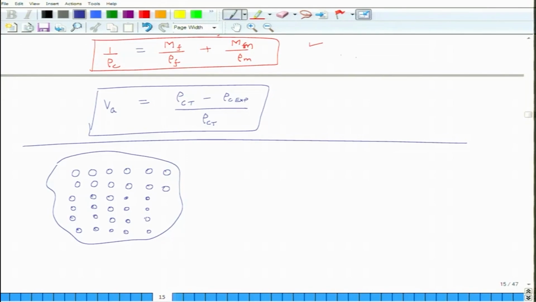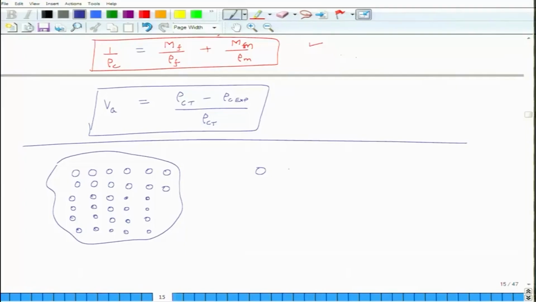So, if this kind of a pattern is there, we can actually figure out what would be the volume fraction for such a system. So, think about it. Suppose the fibers are oriented in a regular formation like this, and this pattern keeps on getting repeated forever.